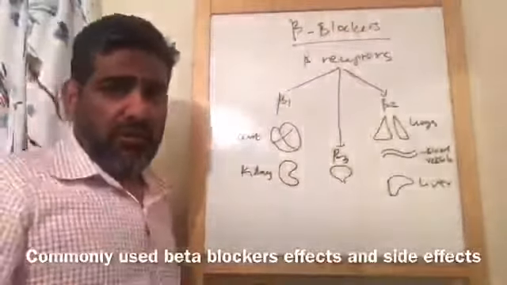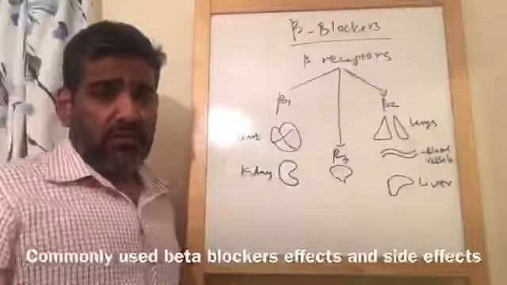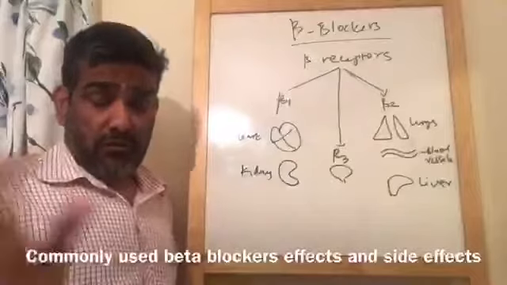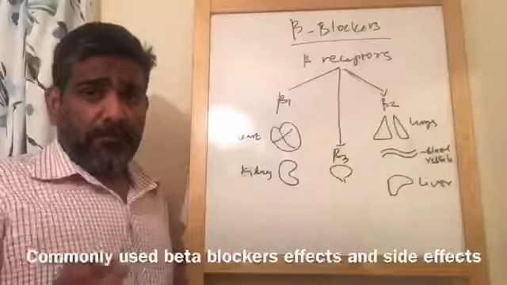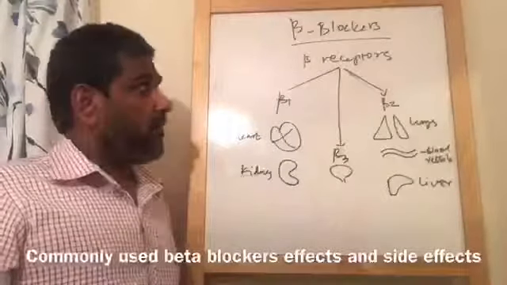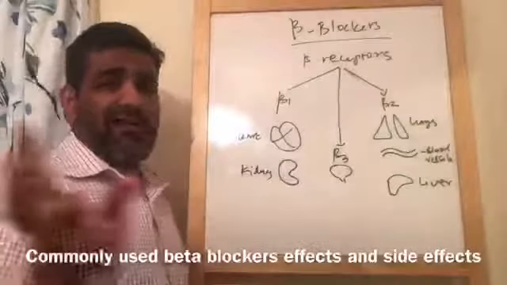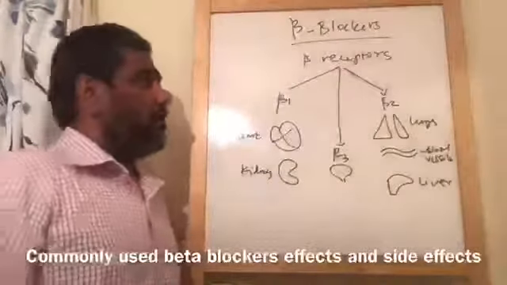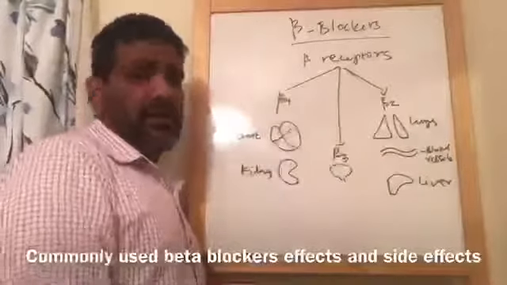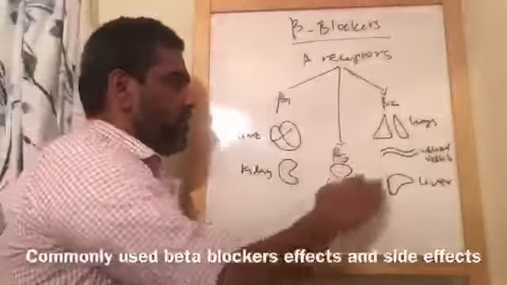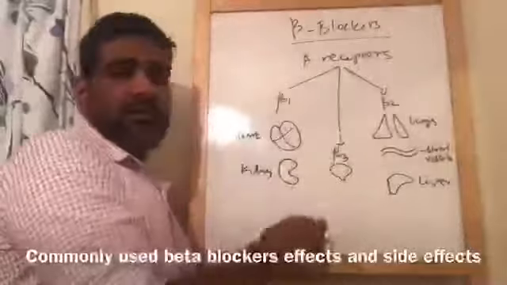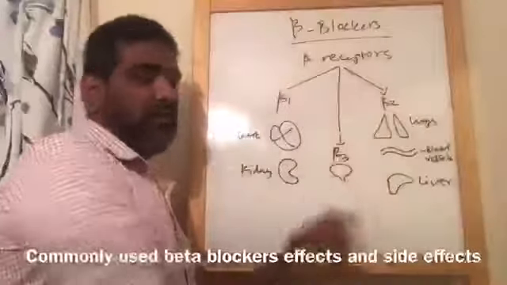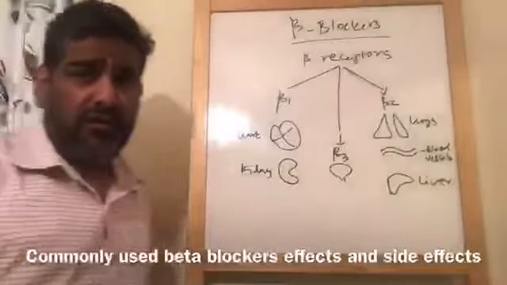Before I jump into the beta blockers, you must know where you can find the beta receptors. I have divided beta receptors into three categories: beta 1, beta 2, beta 3. You can just ignore beta 3. Beta 3 receptors are found in the bladder.